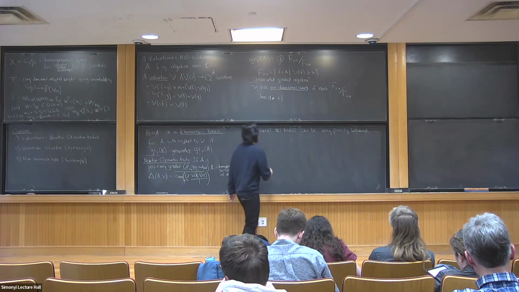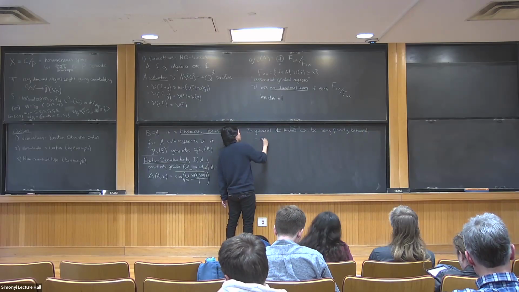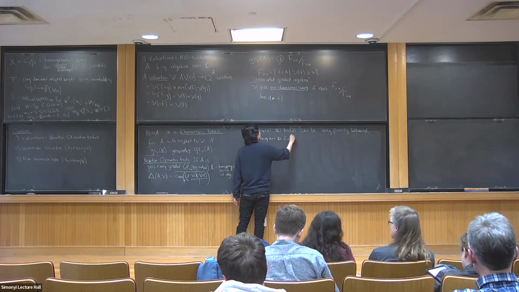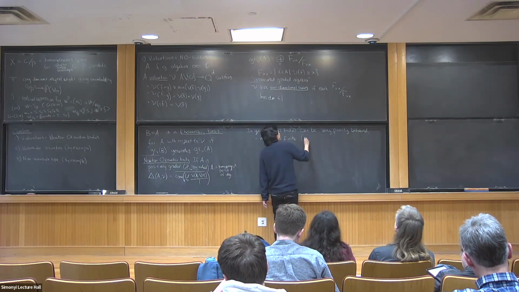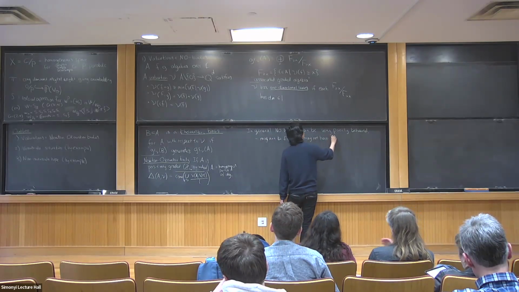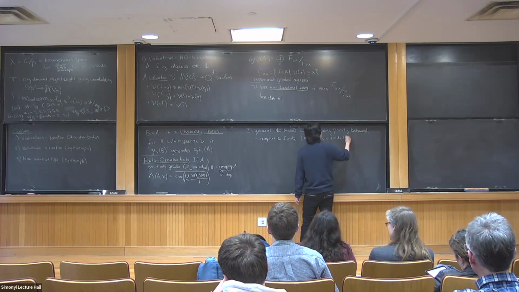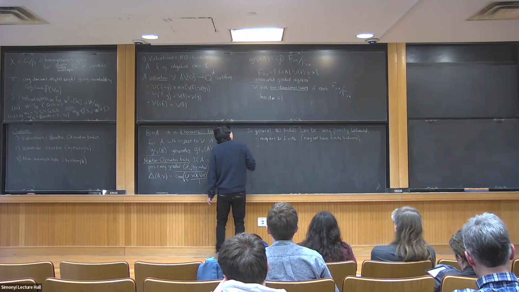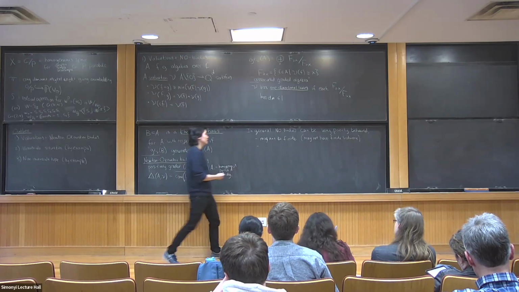And so a few bad things can happen. They may not be finite. Even worse, they may not have finite volume. And then maybe the second one's not so bad, but they may not be polyhedral.